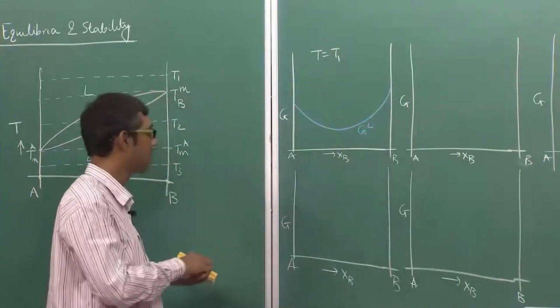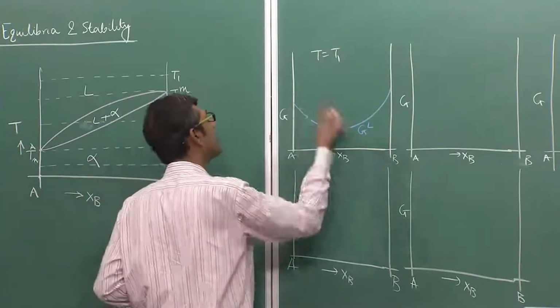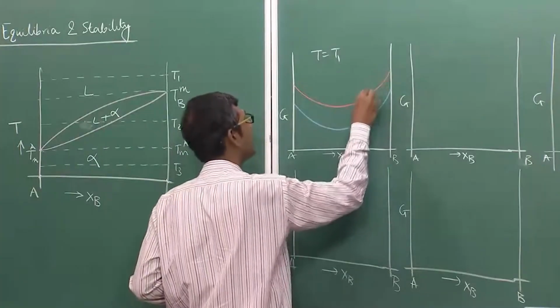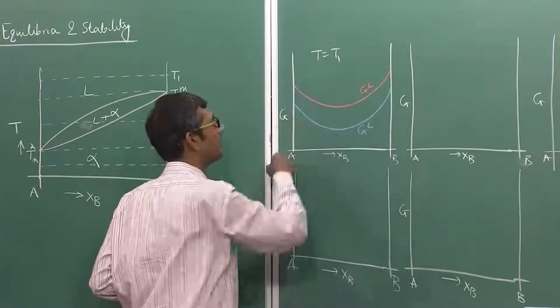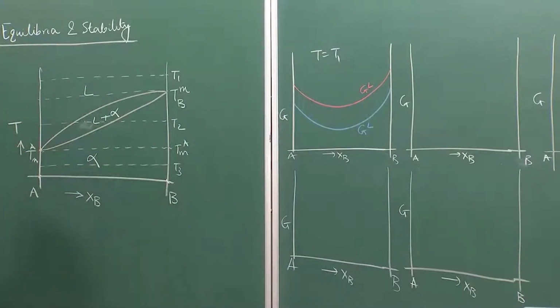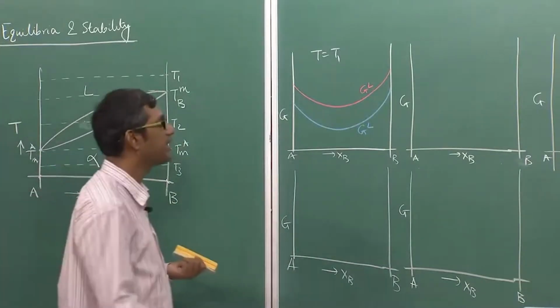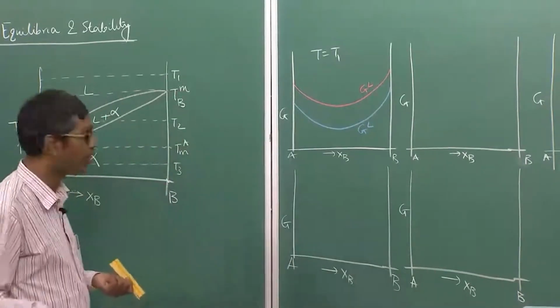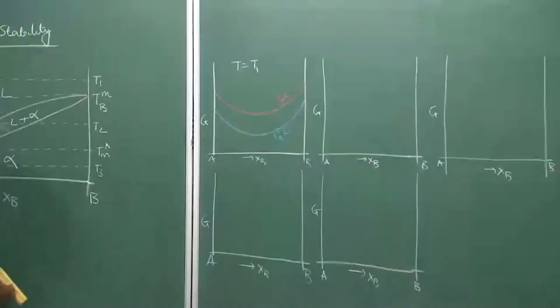Because liquid is the only stable phase and alpha is not stable, the alpha free energy curve will be in a relatively higher position. Stability tells you that whichever is in the lower position, that phase is more stable. That is very easy to understand. There will be no crossover because only the liquid phase is stable.